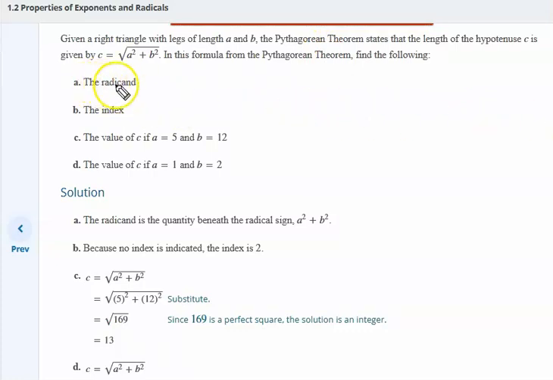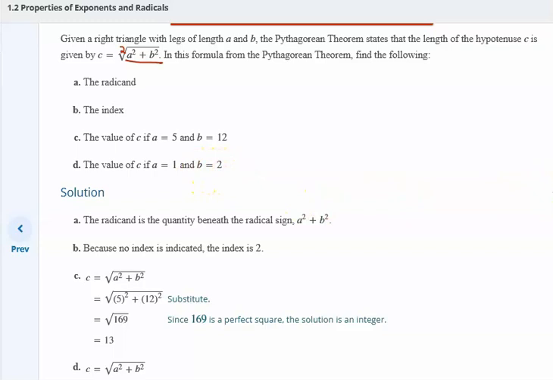Well, it's what is under the radical sign, this. What is the index? Well, the index would be a 2 that we don't write there. And what is the value of C if A is 5 and B is 12? And then if A is 1 and B is 2.